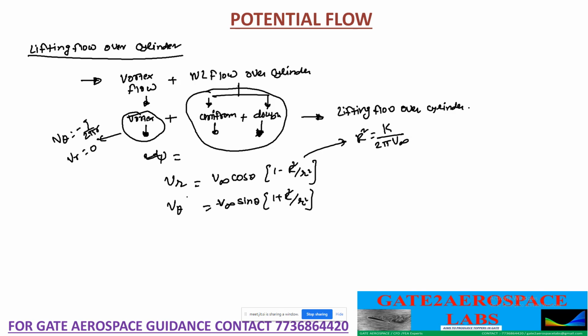So add 0 to Vr, and to V theta you add minus tau by 2 pi r. Now you have the velocity components for the lifting flow over a cylinder. Is it clear? Any doubt?